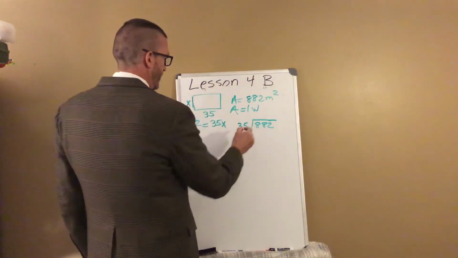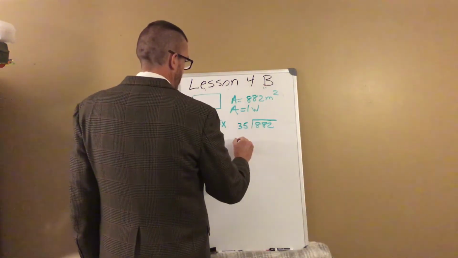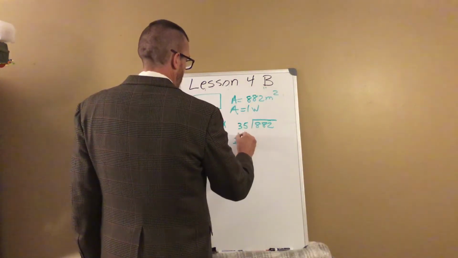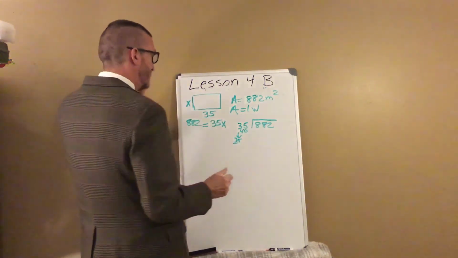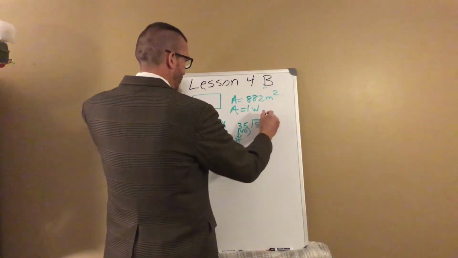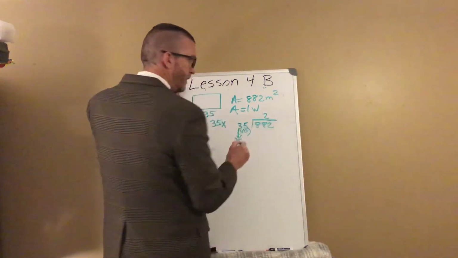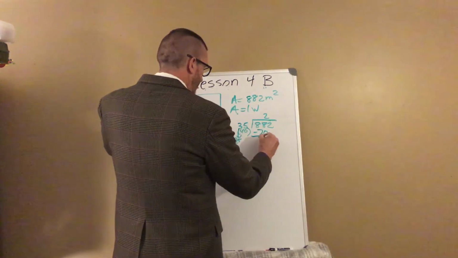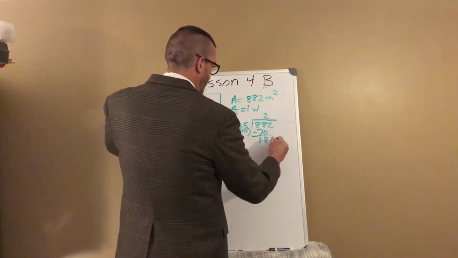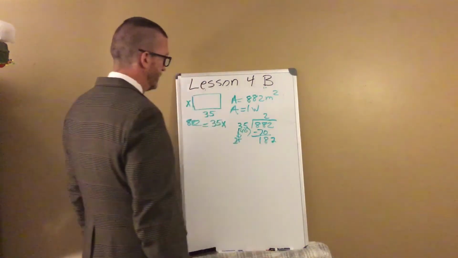Okay, 35 rounds to 40. 40 would go into 88 2 times. I think that would be the same for 35. 35 times 2 is 70. I subtract, I get 8. We got 182.